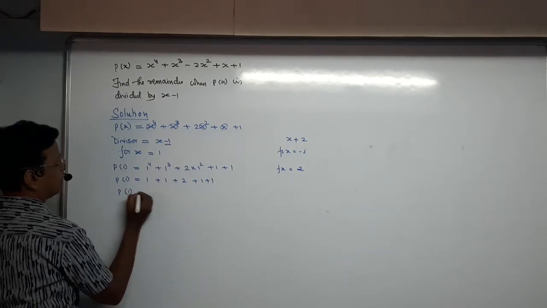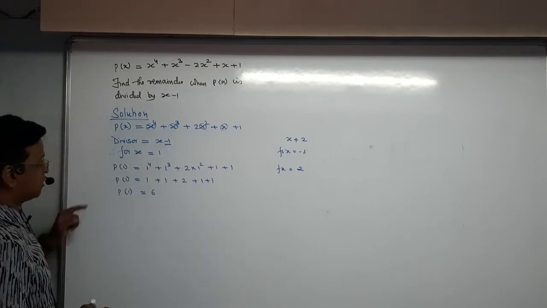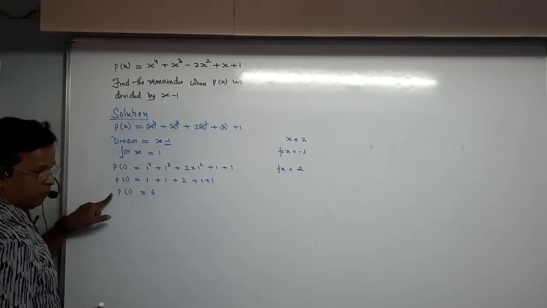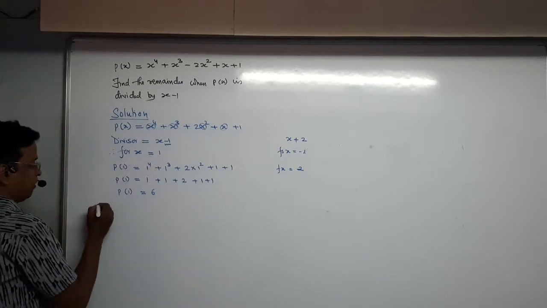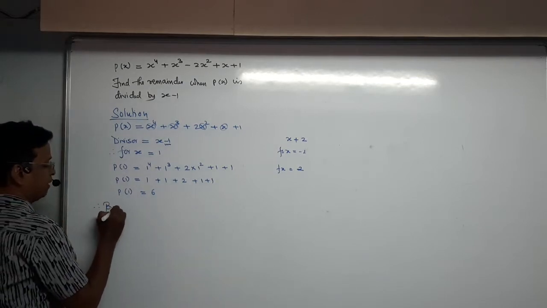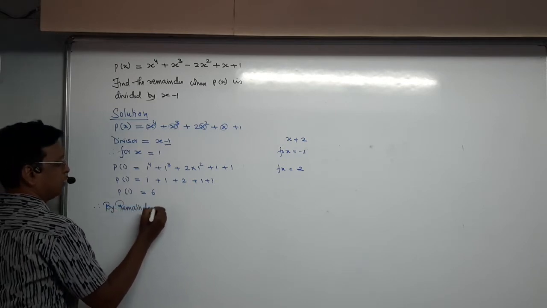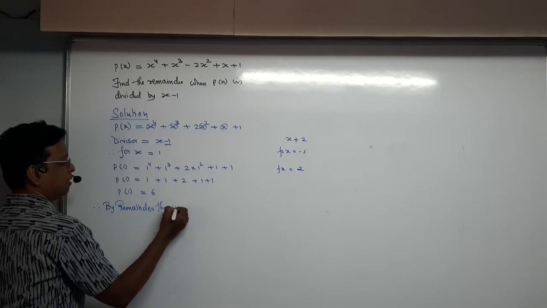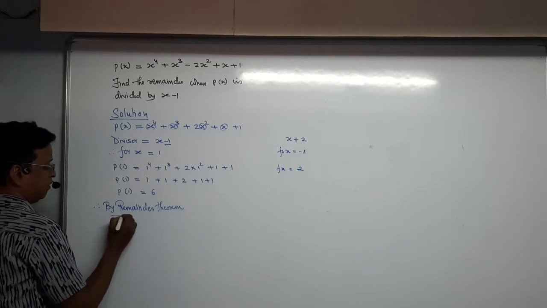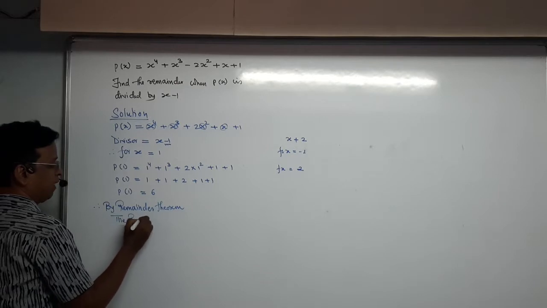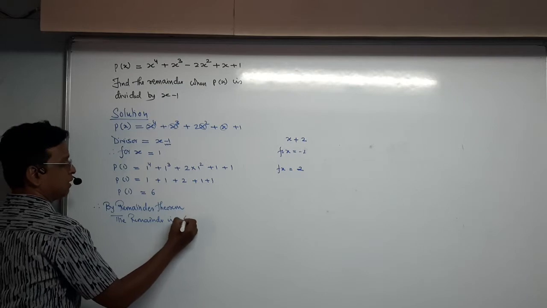So P of 1 is equal to 6. This is the value of P of 1. That means, therefore, by remainder theorem, the remainder is 6.